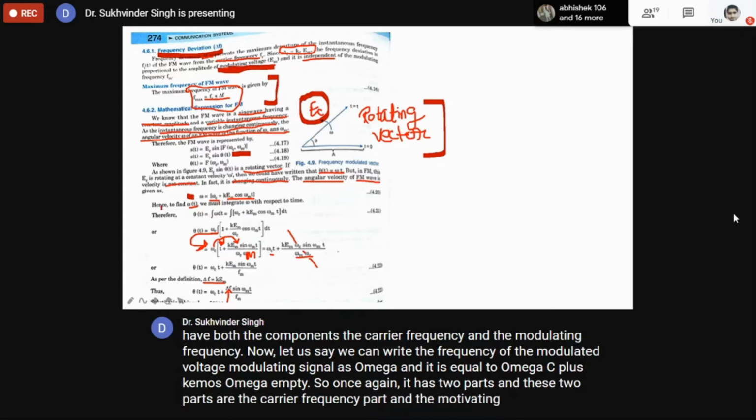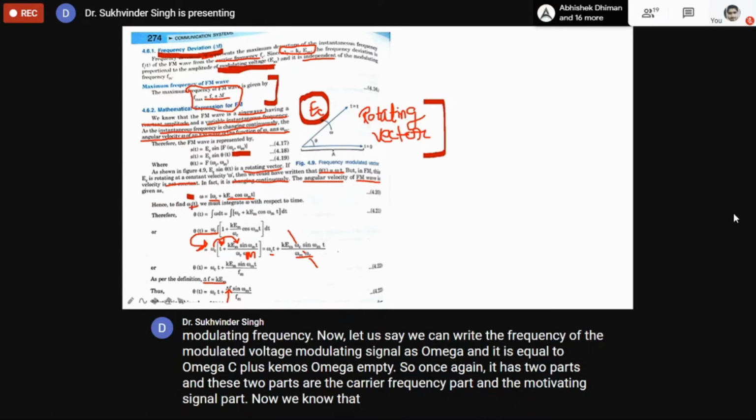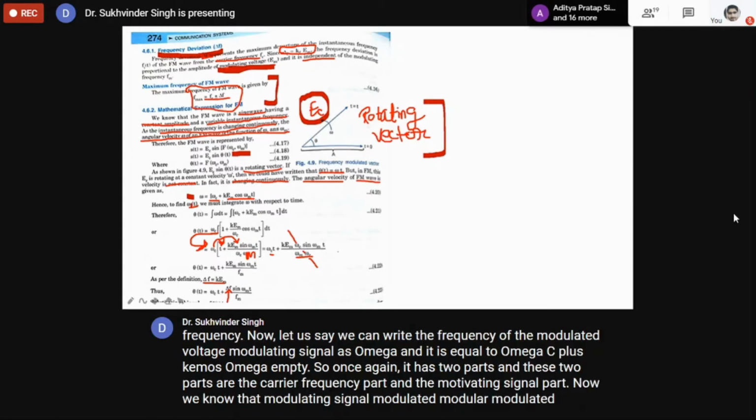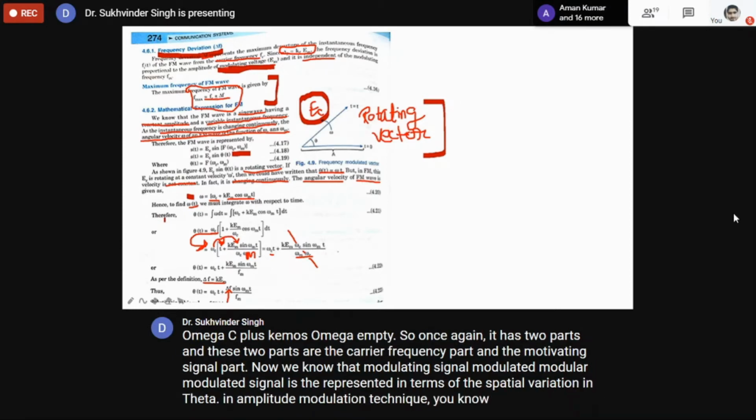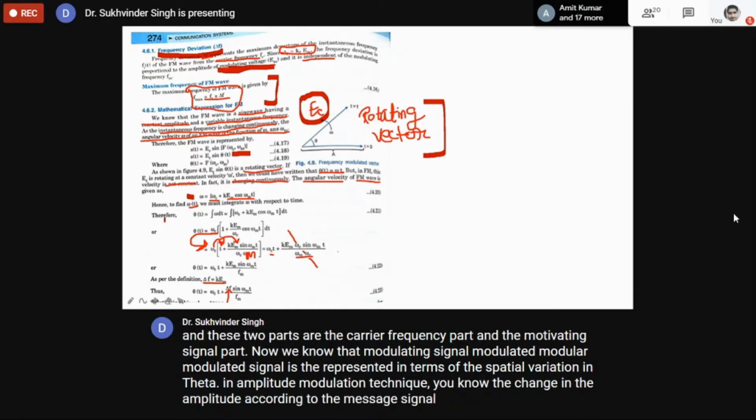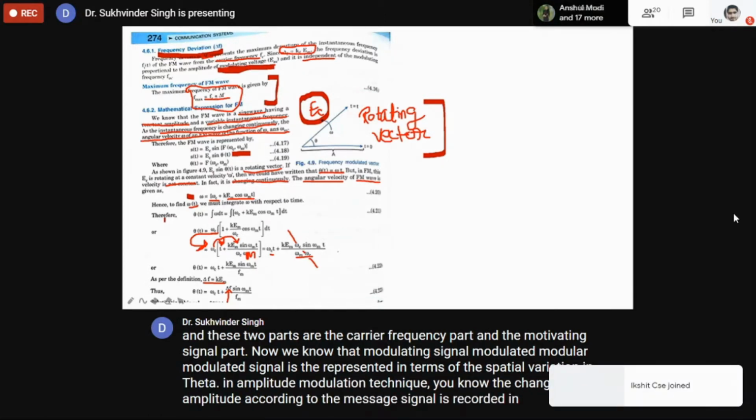Once again it has two parts, the carrier frequency part and the modulating signal part. Now we know that a modulated signal is represented in terms of the angular variation theta. In the amplitude modulation technique, the change in amplitude according to the message signal is recorded in the modulated signal.